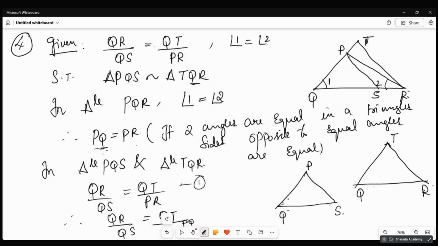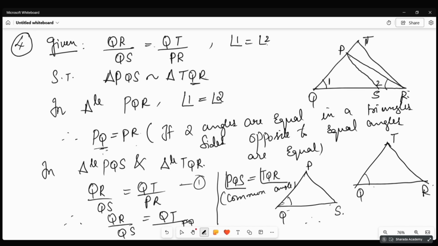Now, angle Q is common for both. So, by SAS, I can prove that the two triangles are similar. Okay, so I can say angle PQS is equal to angle TQR, their common angle.